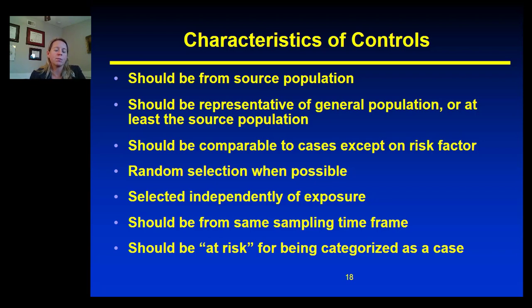Ideally, controls should be randomly selected from the source population among non-cases and should be generally from the same time frame as the cases. And they are also at risk of becoming a case at any time until they're chosen to be a control.